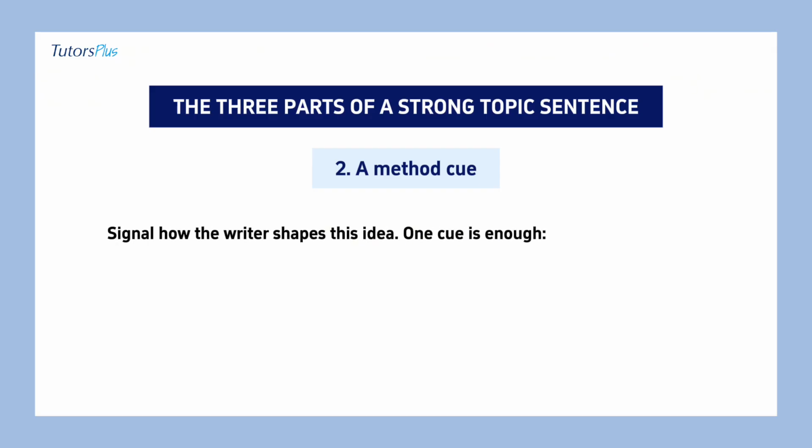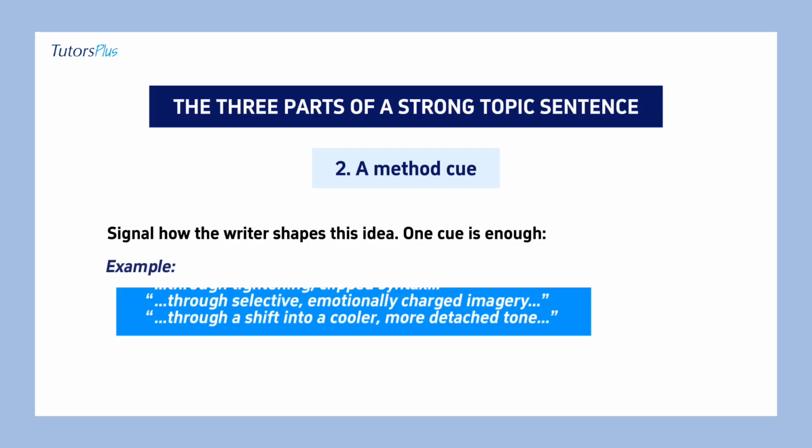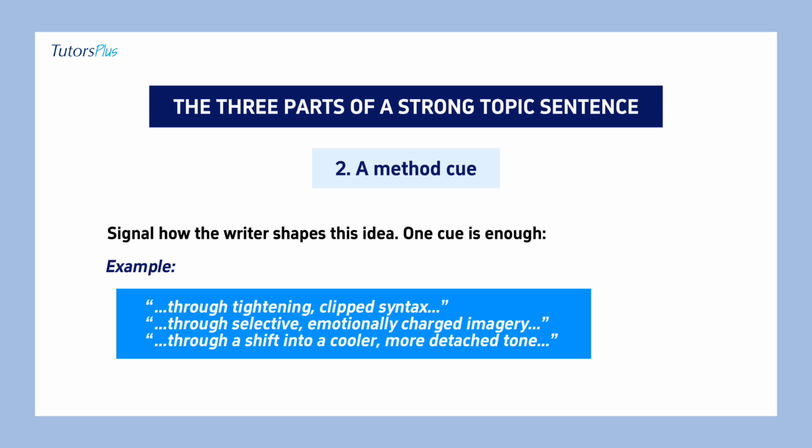Just one cue for your topic sentence is enough. Too many, and you start cluttering your paragraph. So we have examples: through tightening clipped syntax, through selective, emotionally charged imagery, or through a shift into a cooler, more detached tone. You see how they're focusing on only one thing, but there's a collective to them.